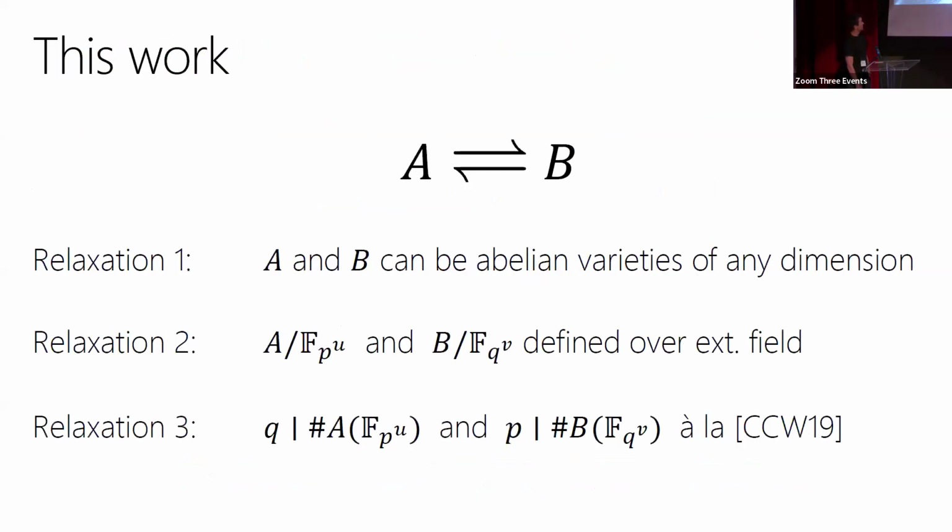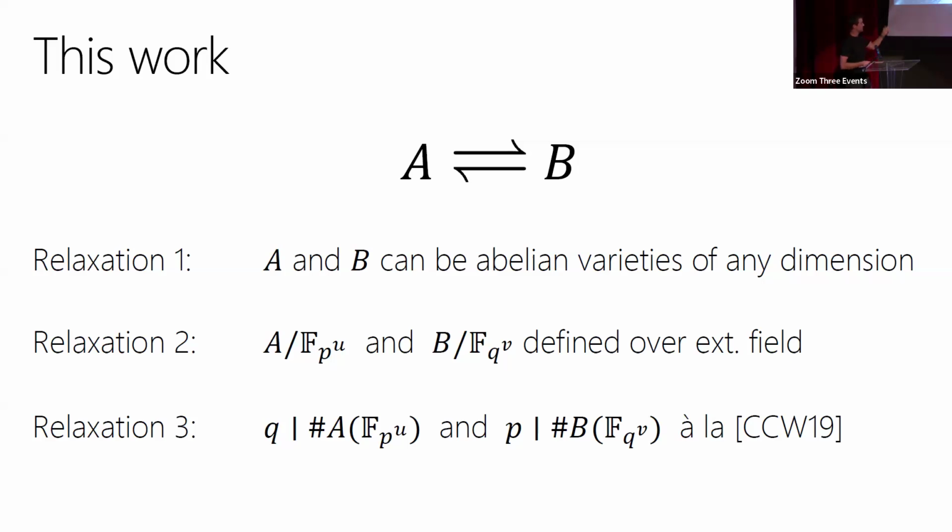Okay, so that cues what we do in this work. What we did in this paper was basically relax as much as we possibly could. We relaxed the fact that A and B need to be elliptic curves, so we said they can be abelian varieties, the most general thing we can think of, of any dimension. The second relaxation was that they can be defined over extension fields.